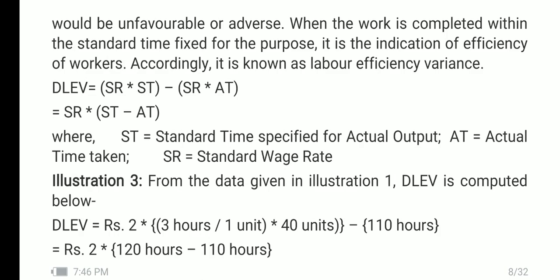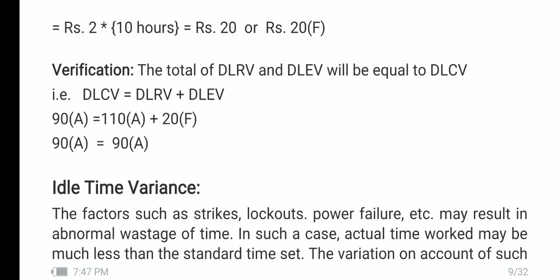It means that to produce 1 unit of output, 3 hours are required, that is standard time specified, into 40 units will give us standard time for actual output. For 1 unit, 3 hours are specified. Therefore, for 40 actual units produced, naturally it will be 120 hours, minus 110 hours, that is actual time taken.